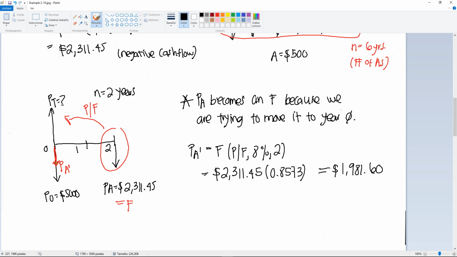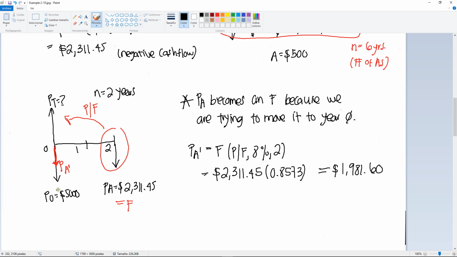This amount that we found is what this would be worth in year 0. Now how do you calculate the total P? You're going to combine these two: the PA prime that you just found plus your P0. Remember, this one we don't do anything to, so we don't multiply it by anything because it's already in year 0.